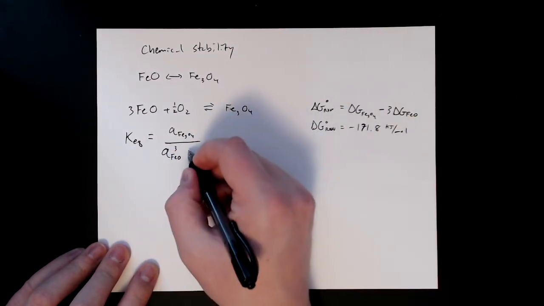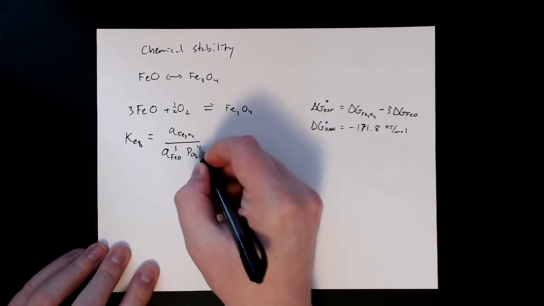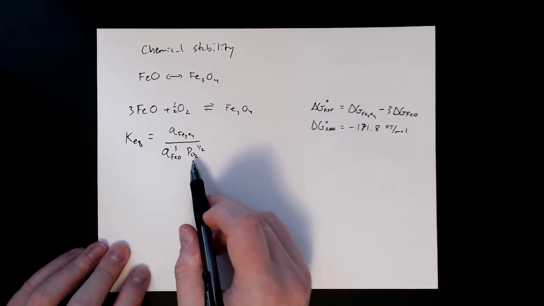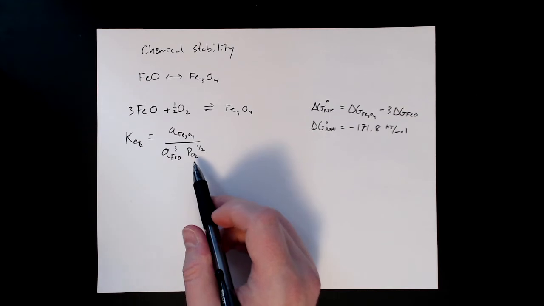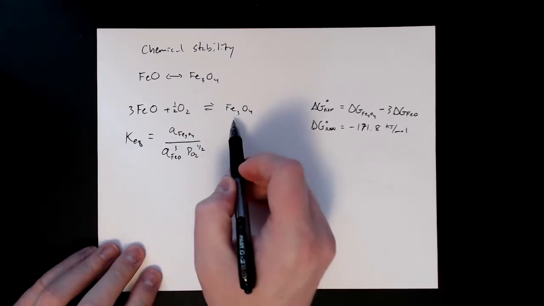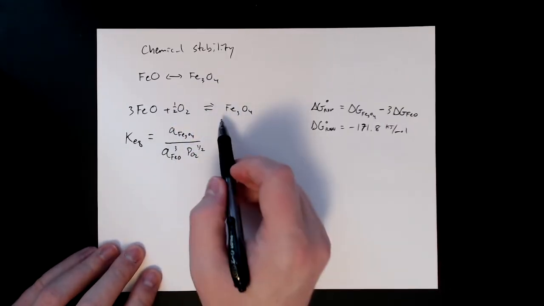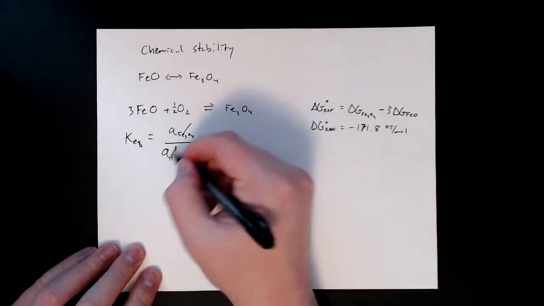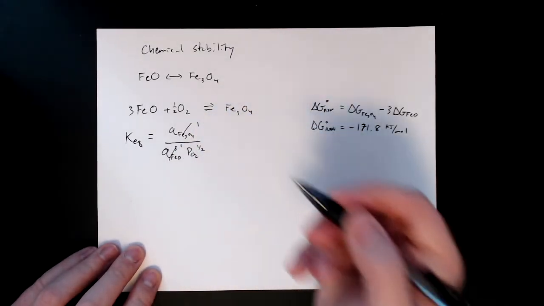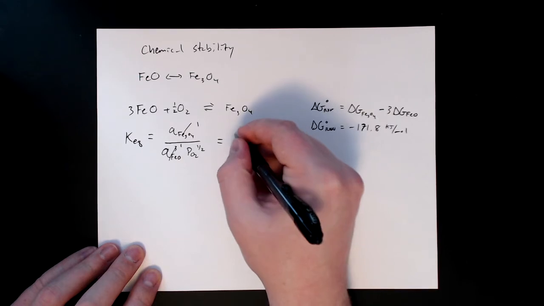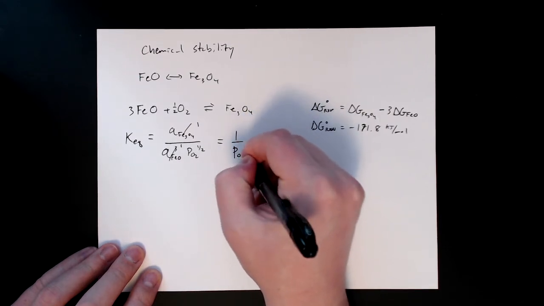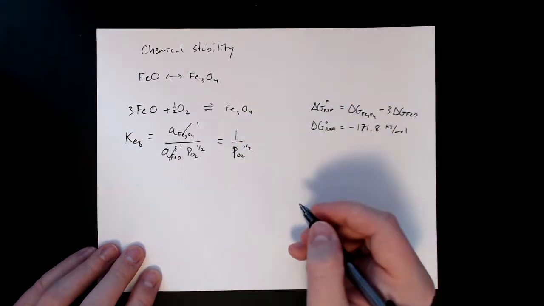And then I'll just make the direct substitution in for the pressure here. So we're dealing with two solids, and if we assume that they're pure, then both of these go to 1. And so we would just be left with 1 over PO2 to the 1/2, just like we were last time.